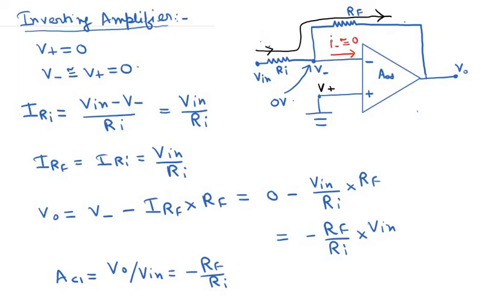That is why this is known as the closed loop gain. Another point to note is that this closed loop gain ACL is independent of AOD. So let me write it here.